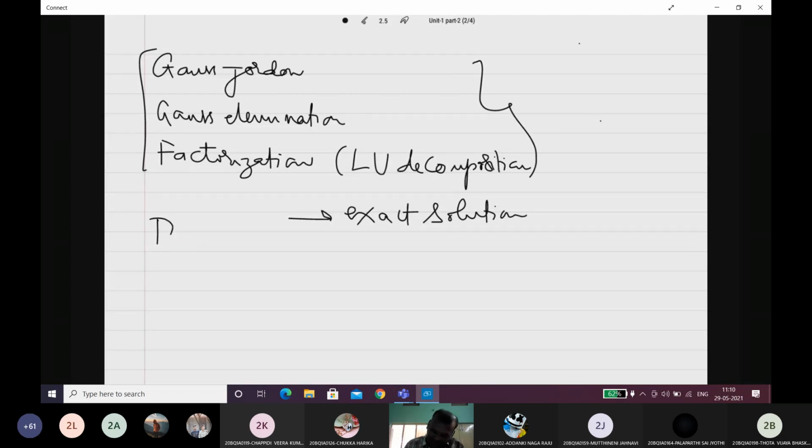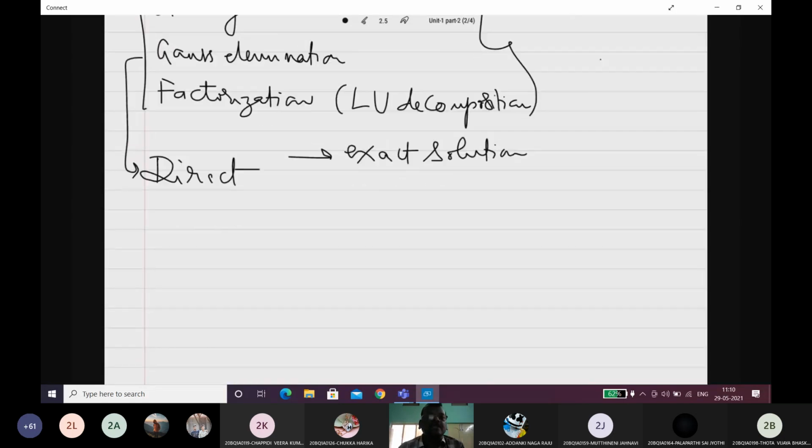These three are direct methods. Right now, in our syllabus we study indirect methods, which are known as iterative methods.